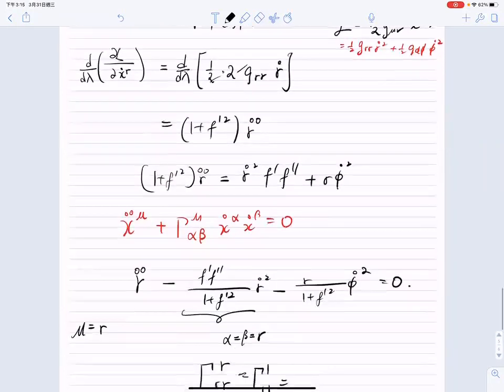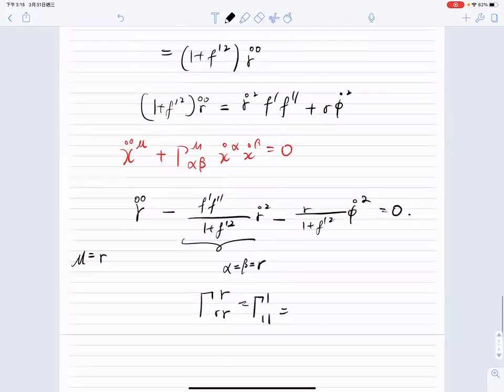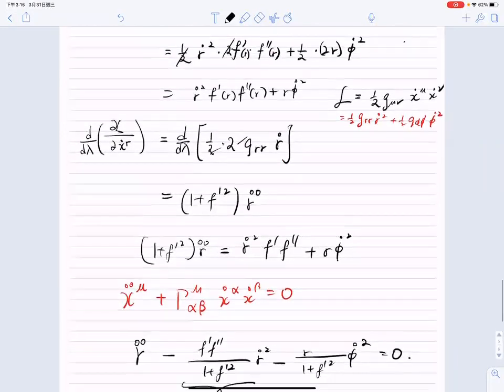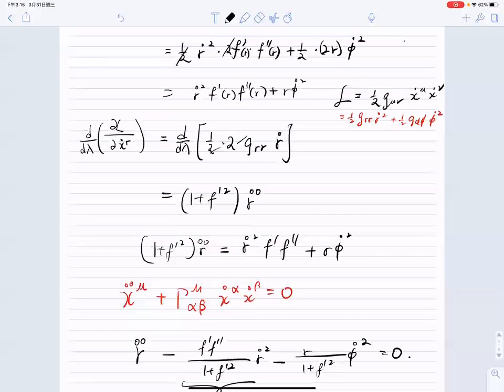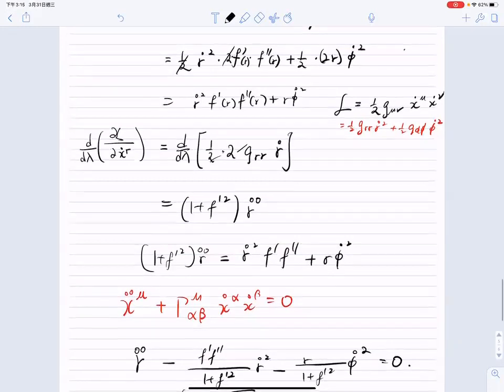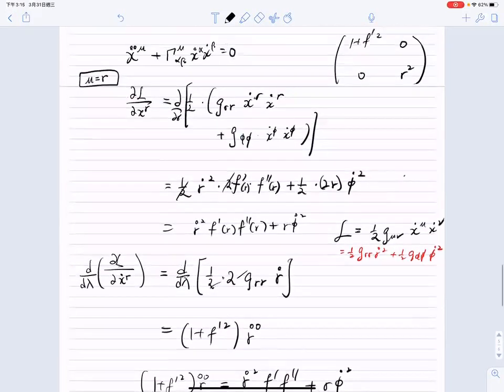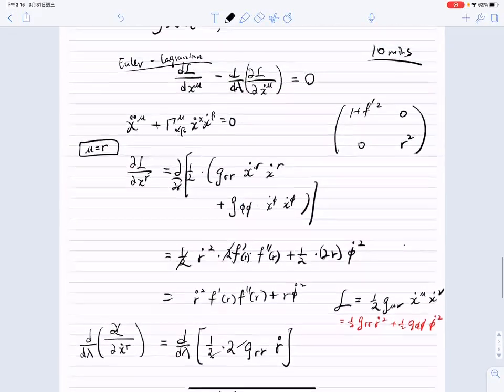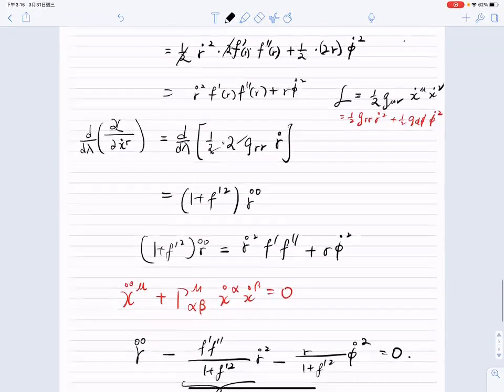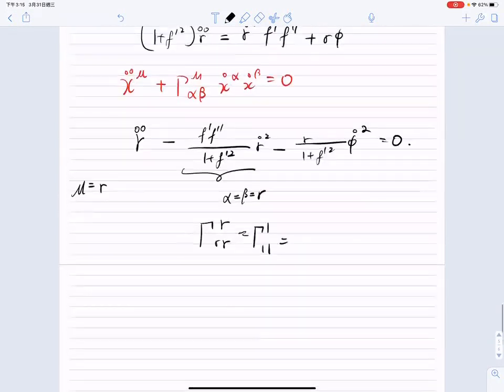Okay. No problem. Here it would be a minus sign. I did some typo on the side. I don't know why. Oh my god.